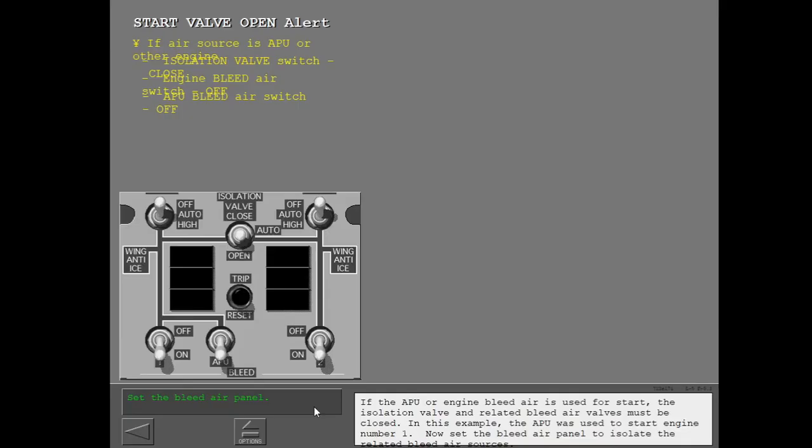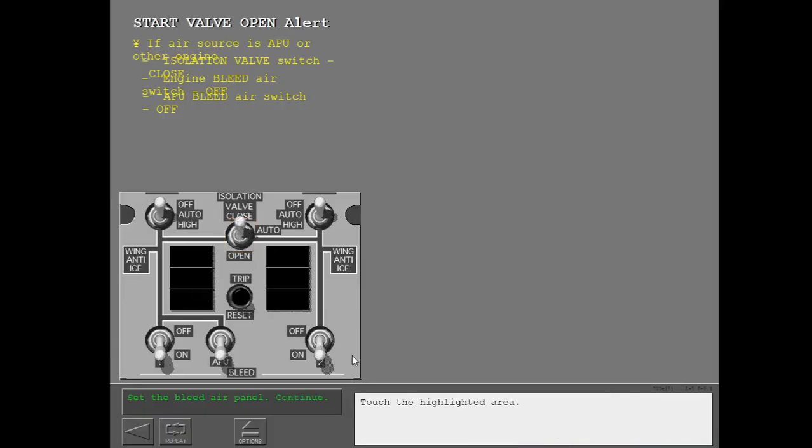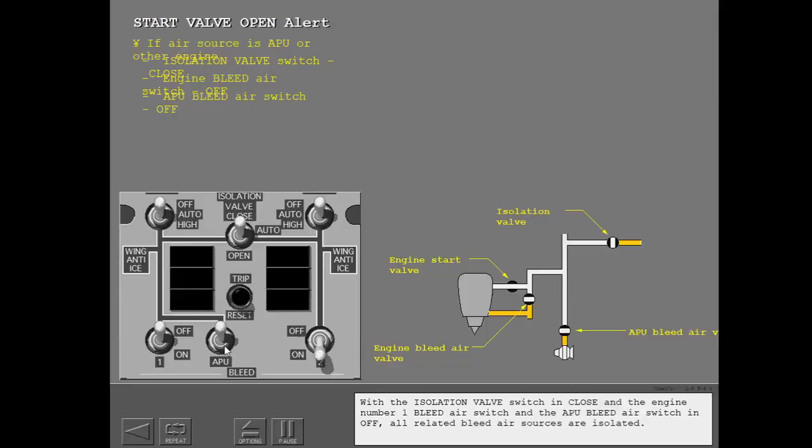Now set the bleed air panel to isolate the related bleed air sources. With the isolation valve switch in close and the engine number 1 bleed air switch and the APU bleed air switch in off, all related bleed air sources are isolated.